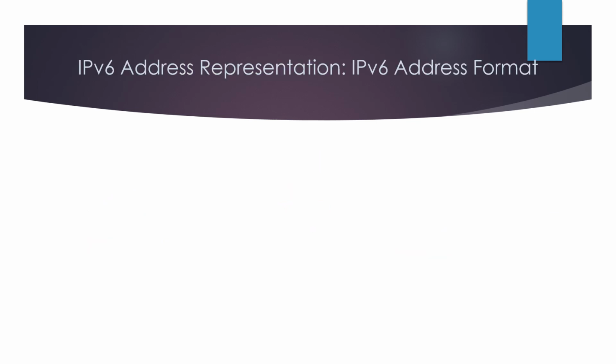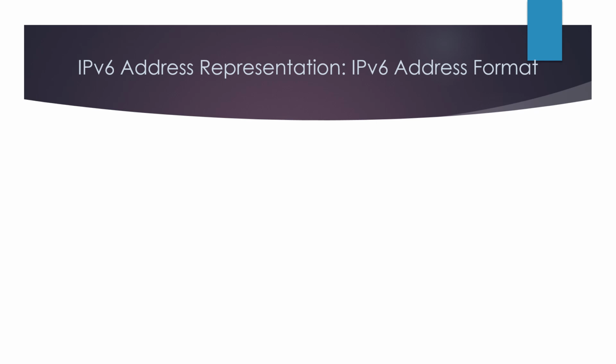The first step to learning about IPv6 in networking is to understand the way an IPv6 address is written and formatted. IPv6 addresses are much larger than IPv4 addresses, and this is why we are unlikely to run out of them.